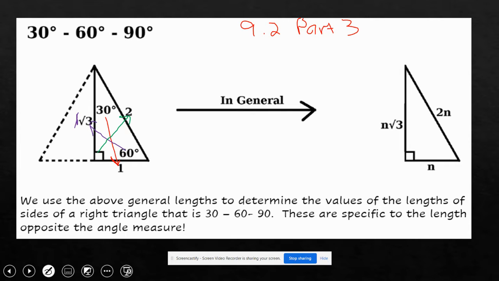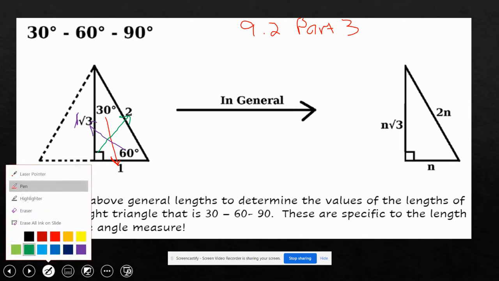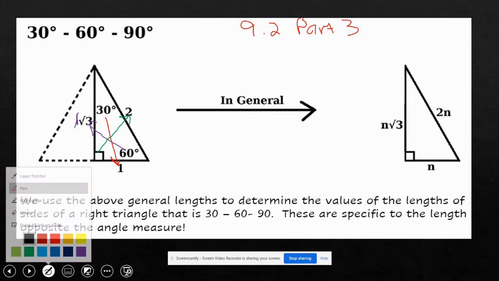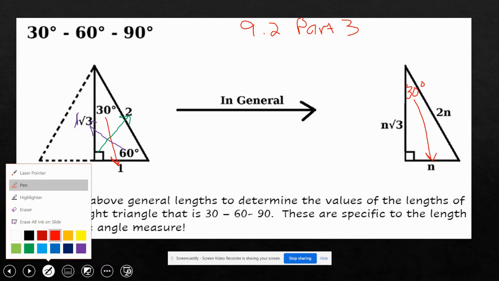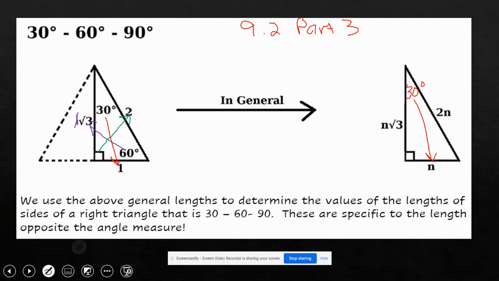So if I'm looking at this in general, triangle on the right, 30 degrees is always opposite your initial length of n. 60 degrees is always going to be opposite your length of n square root of 3.